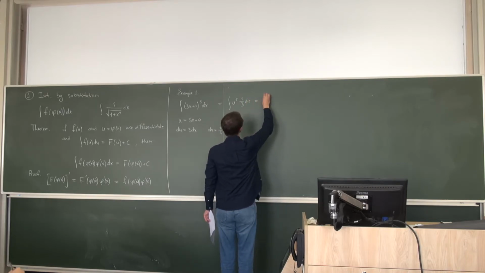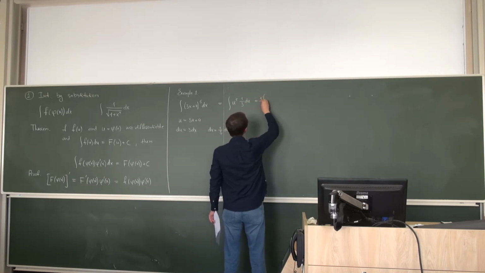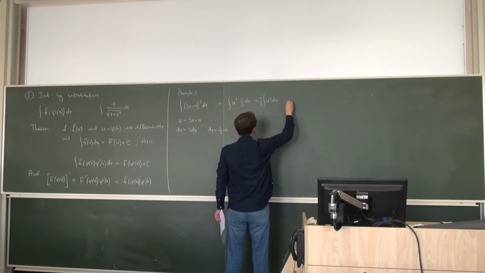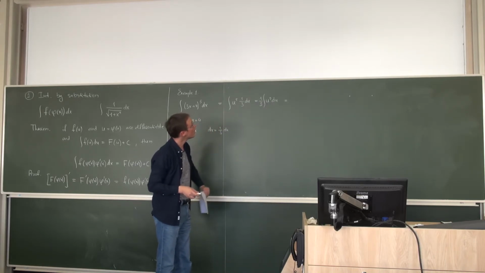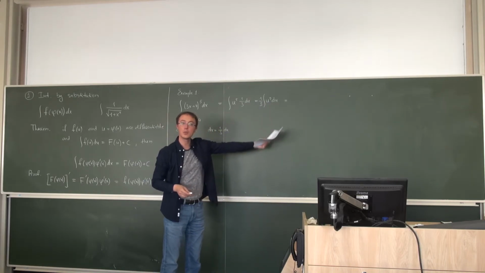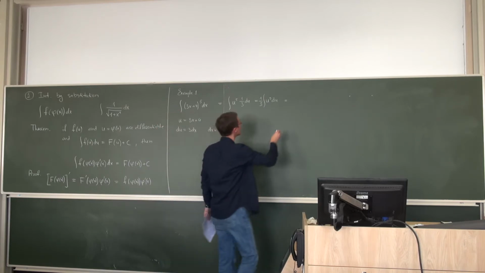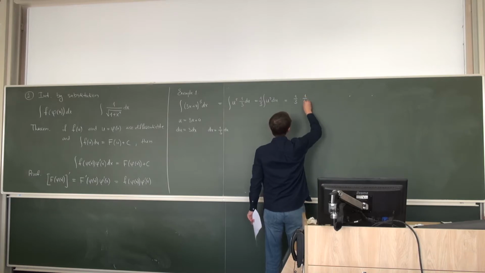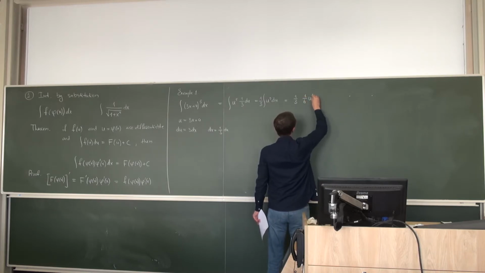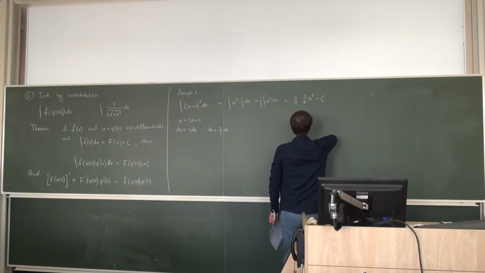So that is an integral 1/3 in front u to the fifth du. And now that we know we've got an integral of function of u with respect to u, we know how to take it. So this will be 1/3 times 1/6 u to the 6th plus a constant.